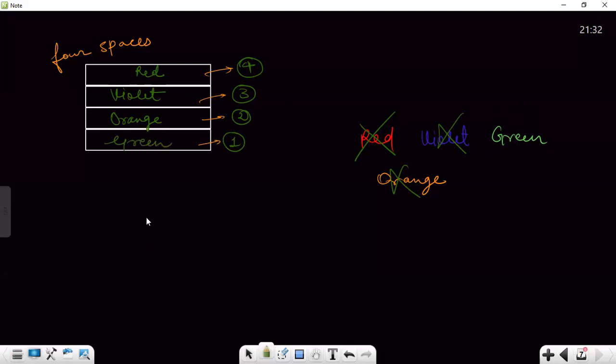So my point is, to arrange four elements in four spaces, the total number of ways will be these many. Now to sum it up, let's count it using the fundamental principle of counting. Filling the red color is dependent on other events, because if I have utilized one particular color, let's say red, then we will have only three colors left. So all these four spaces are dependent events.